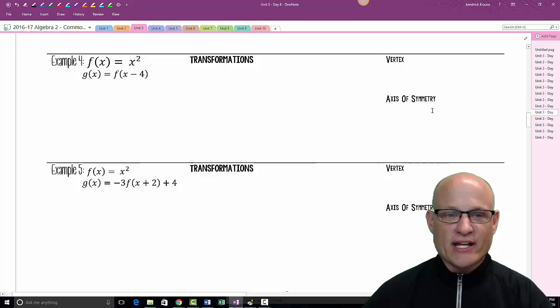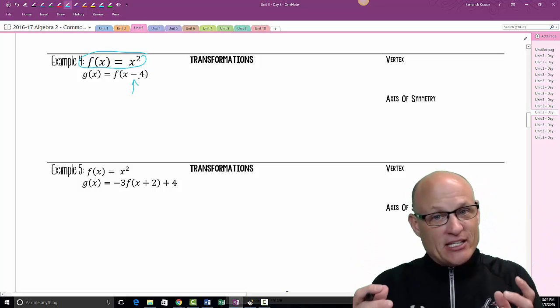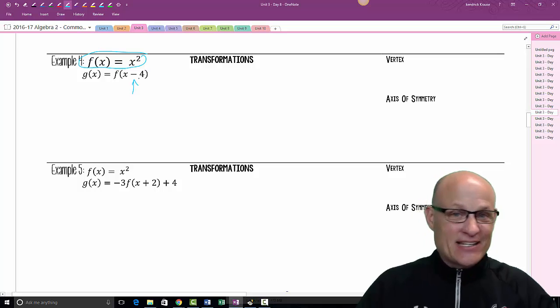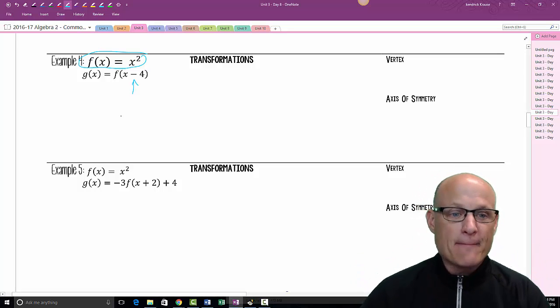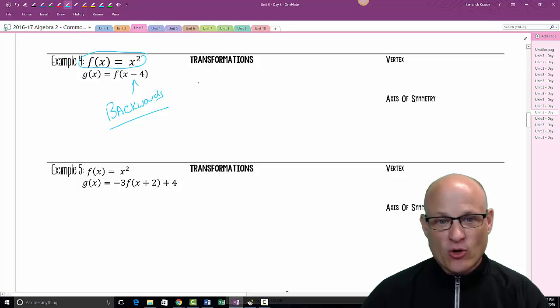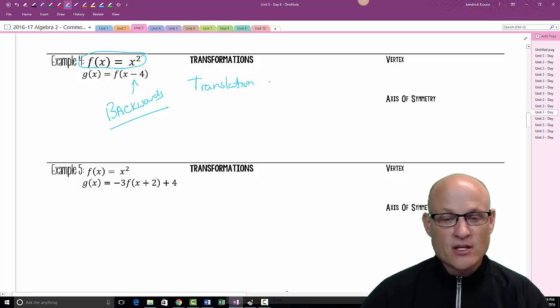So now I'm going to change things up a little bit. I'm taking f of x, which was just x squared, and I'm putting a -4 inside the parentheses. If it's inside the parentheses, that's going to be a translation left or right, but backwards from what you normally would think. So in this case, it's a -4, so it's a translation to the right 4 units.